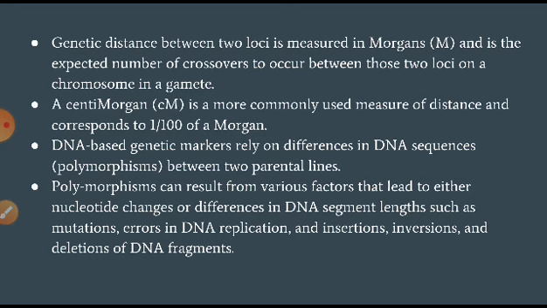Polymorphism can result from various factors that lead to either a nucleotide change or a difference in DNA segment length, such as mutations and errors in DNA replication. So how do these differences come? They can come by mutation, by errors in DNA replication, or by insertions, inversions or deletions of a DNA fragment. Anything that makes a change will give you polymorphism.